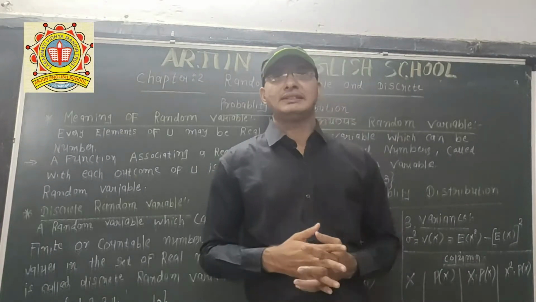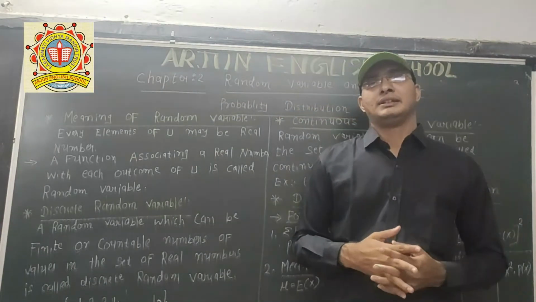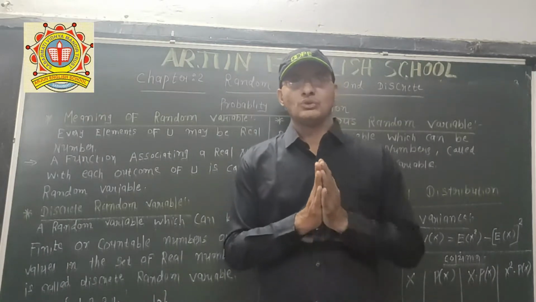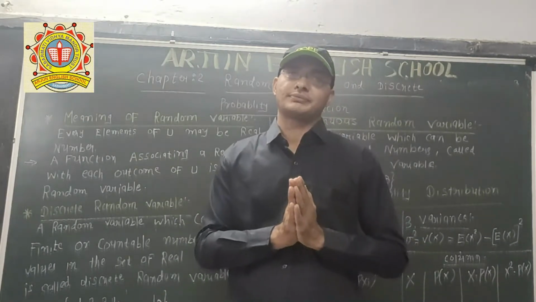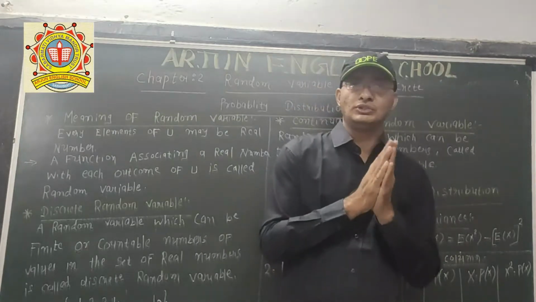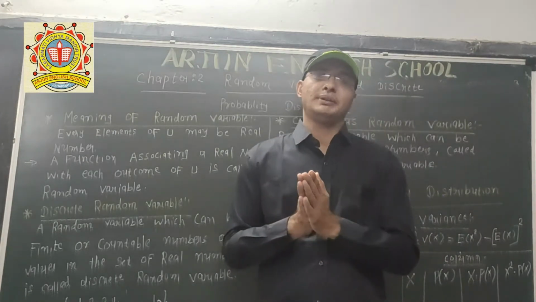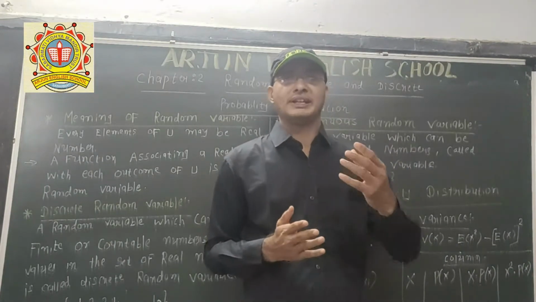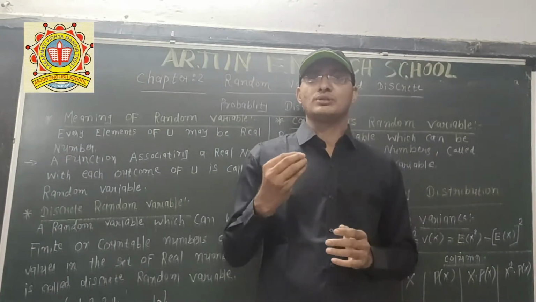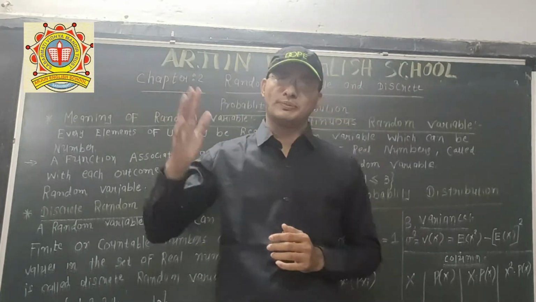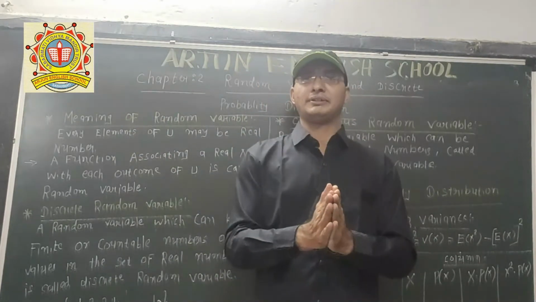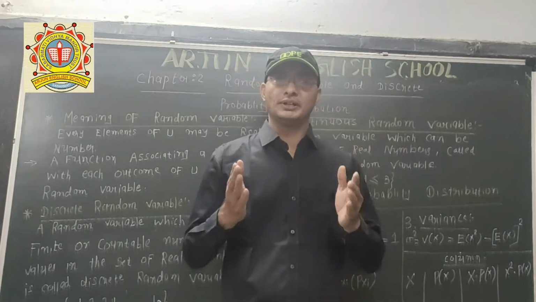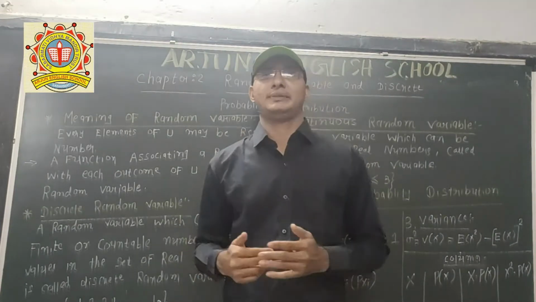Let's say in our class, if I want to present our percentage, the percentage of 12th standard is from 0 to 100. It means we cannot say that any student has got a negative percentage or any student has got 102 percentage. There is a fixed limit, that is 0 to 100. So our random variable from the universal set is 0 to 100.